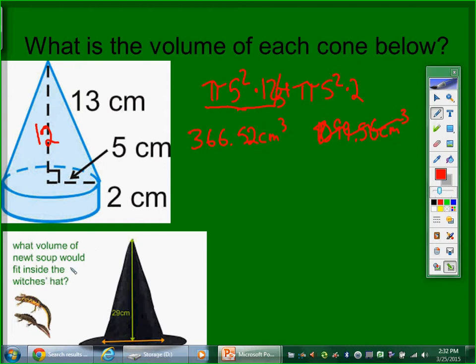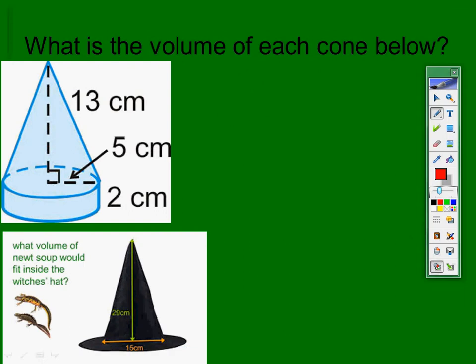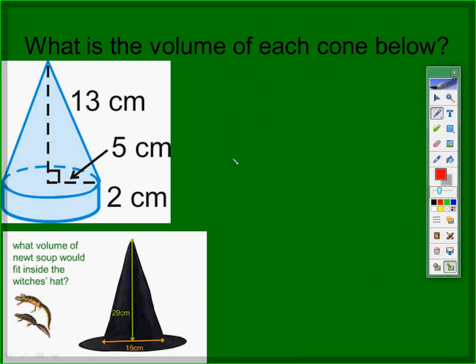What volume of newt soup would fit inside the witch's hat? It's got a height of 29 and a base of 15. So if this were a cylinder, it would be pi times, my radius would actually be 7.5. My diameter is 15. Squared times the height, but because it's a cone, I must divide by 3.